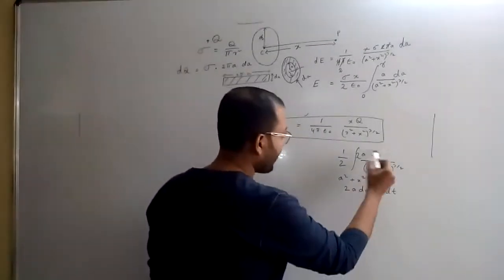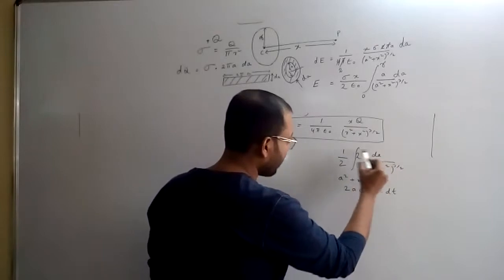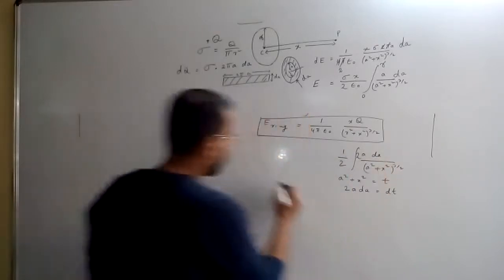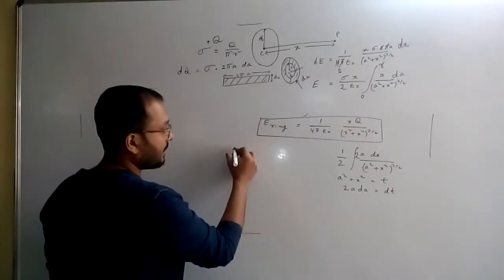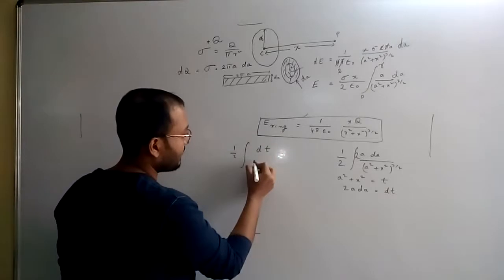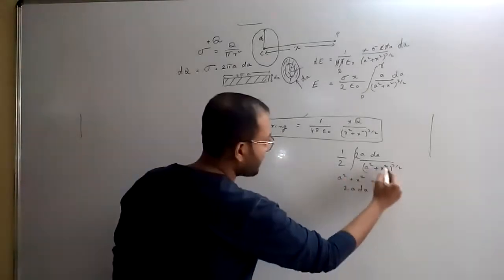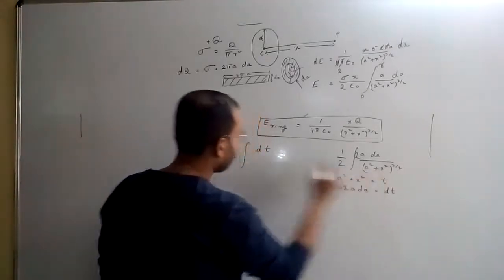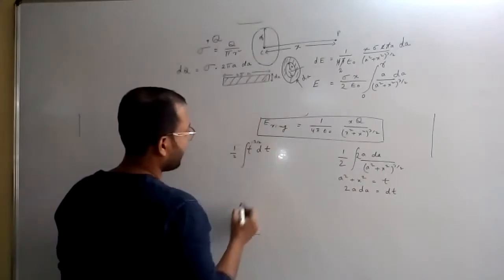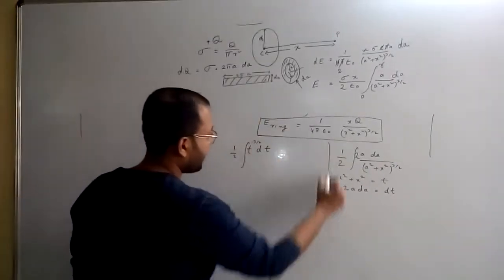So 2ada is dt. In the place of this I can substitute dt. So let me write it out over here. Half integration dt divided by this quantity is t. So divided by t to the power 3 by 2, which can be written as t to the power of minus 3 by 2. What will this integration give me?